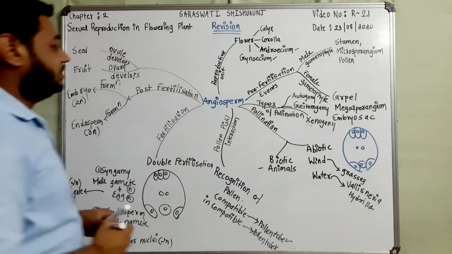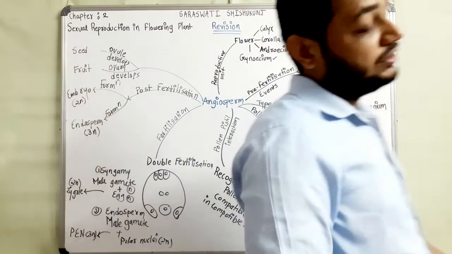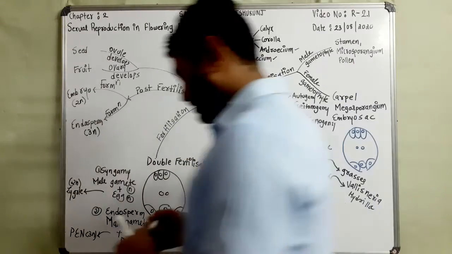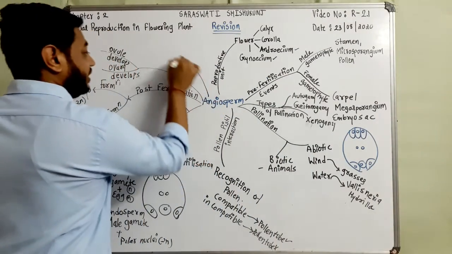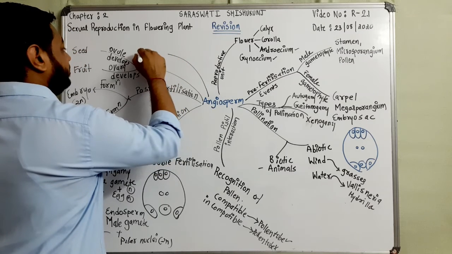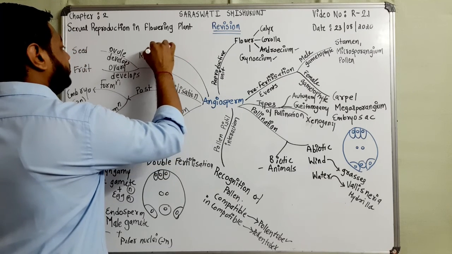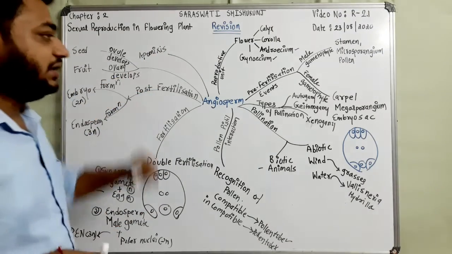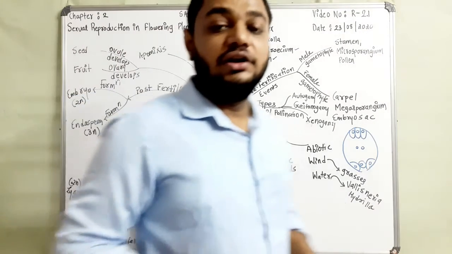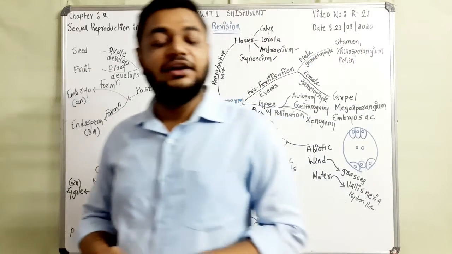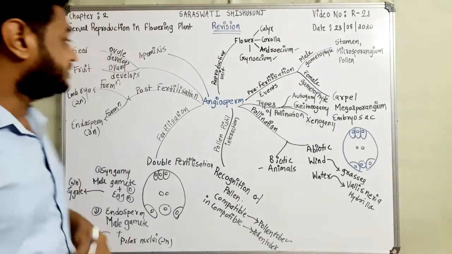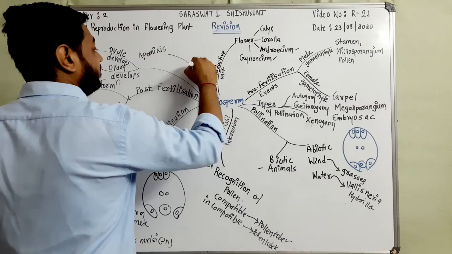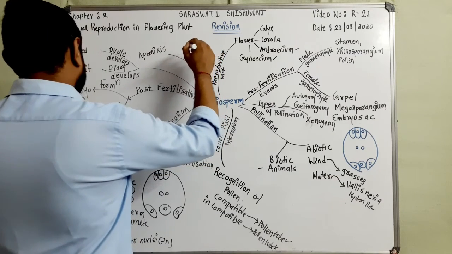There are certain special modes of reproduction. The first one is apomixis. When development of seed occurs without fertilization, that is called apomixis. The next one is parthenocarpy.